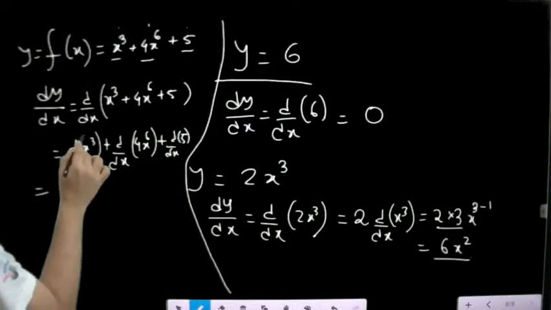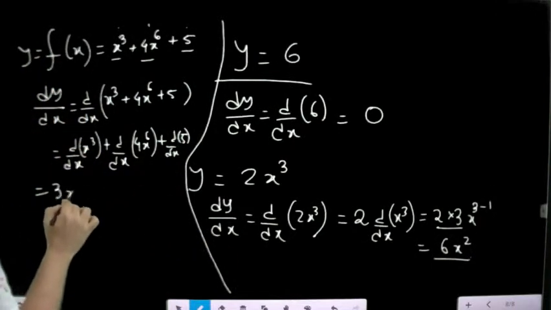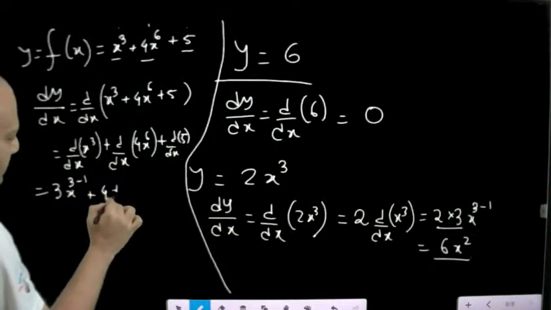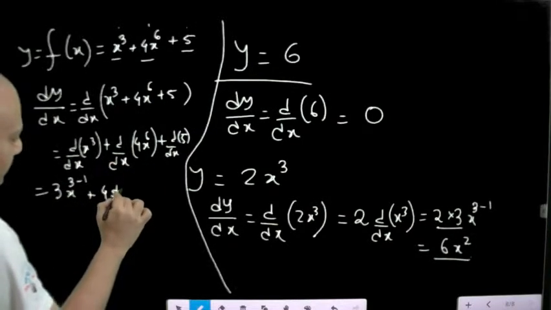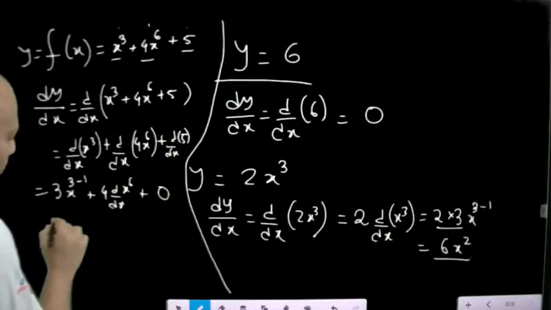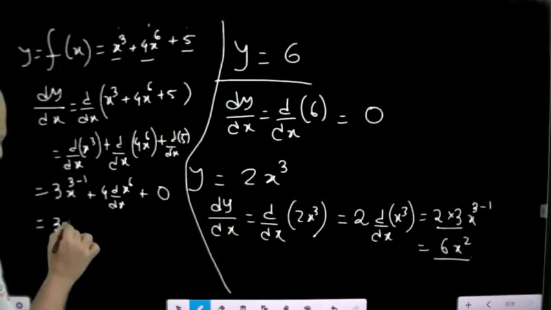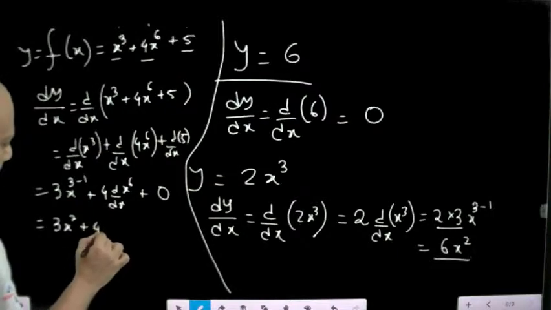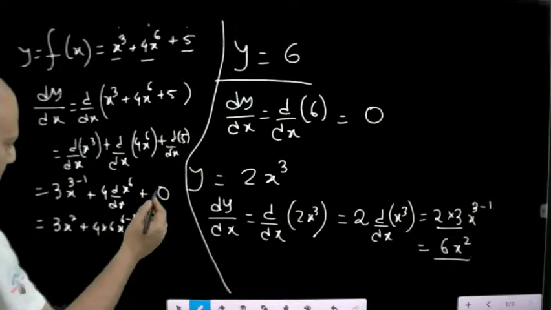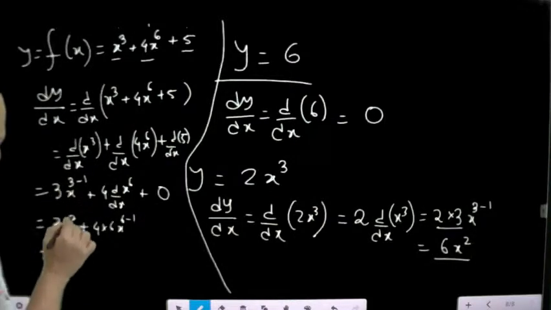So now this one, if I differentiate, 3x to the power 3 minus 1 plus 4 is going to come out, d/dx of x to the power 6, plus constant term differentiation will give 0, 3x square plus 4 into 6x to the power 6 minus 1. This is 0, we need not write.